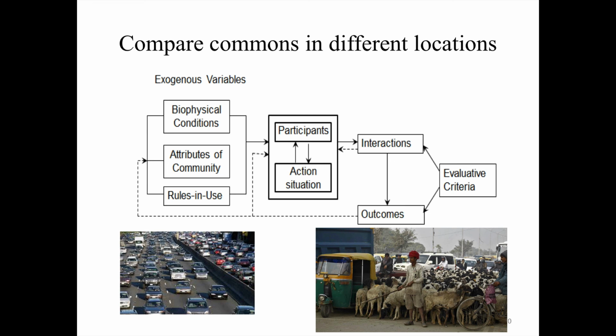There are major differences in the attributes of the community. On a typical highway in the US, you only find cars, while in India you find, besides cars, also pedestrians, motorcycles, bicycles, cows and other livestock.